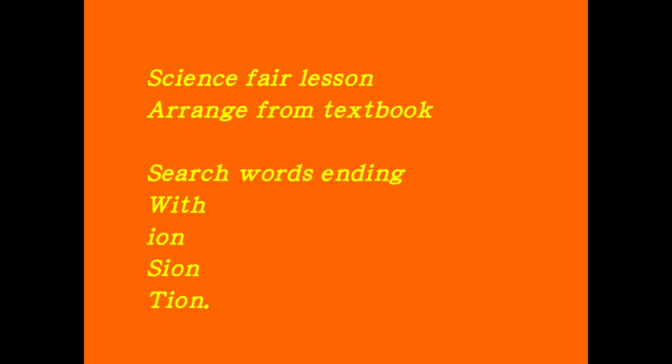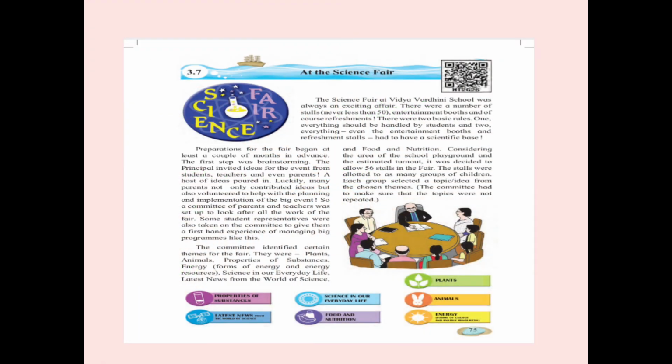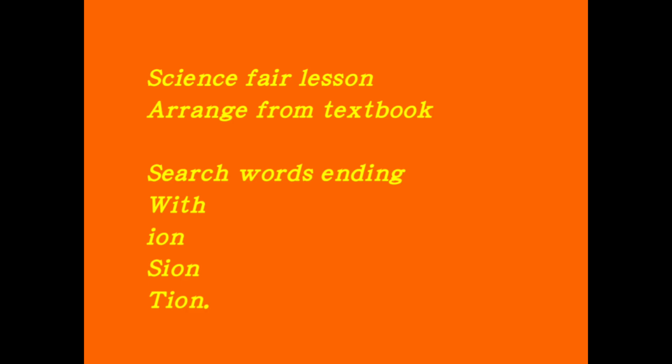And you know what these words are? They are noun forms. Words ending with ION, SION, and TION normally turn out to be noun forms in your vocabulary. So I hope I have managed to explain the topic clearly and done justice to the topic.